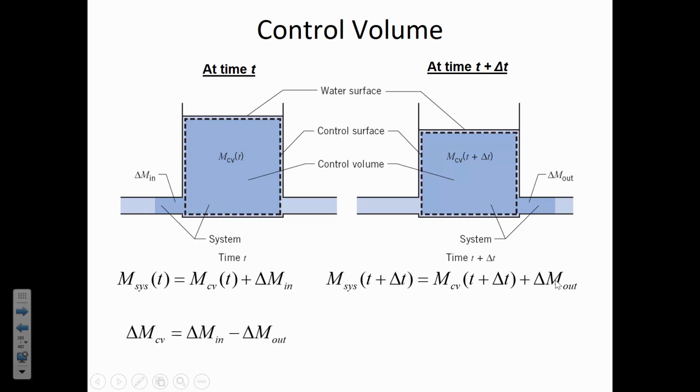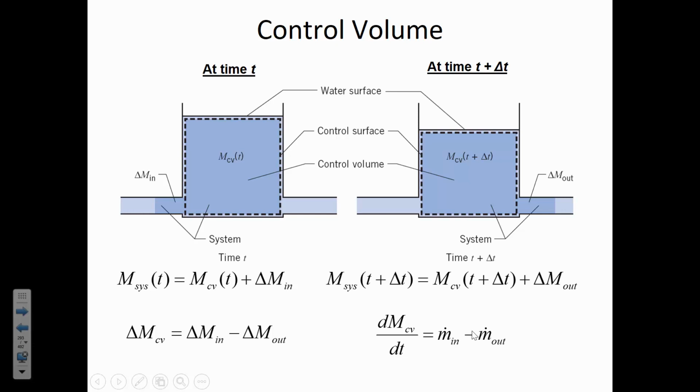So the change of mass that was inside of the control volume was the difference between the in and the out. And this is such a simple concept, but it has really important applications to be able to say that the change of mass inside of a control volume over time is the difference between the mass flow rate in and the mass flow rate out.